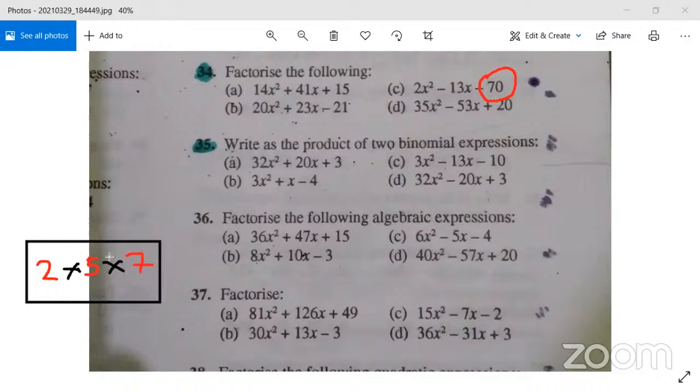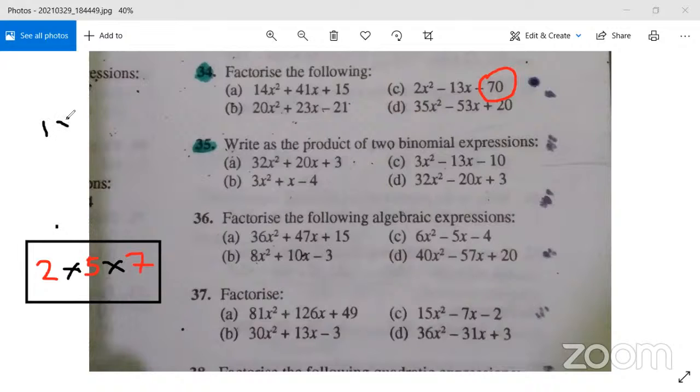Yes, sorry about that. So this right here represents the prime factors of 70. So obviously you'd have 1 and 70, 10 and 7, 35 and 2, 14 and 5. So those are your possible combinations.